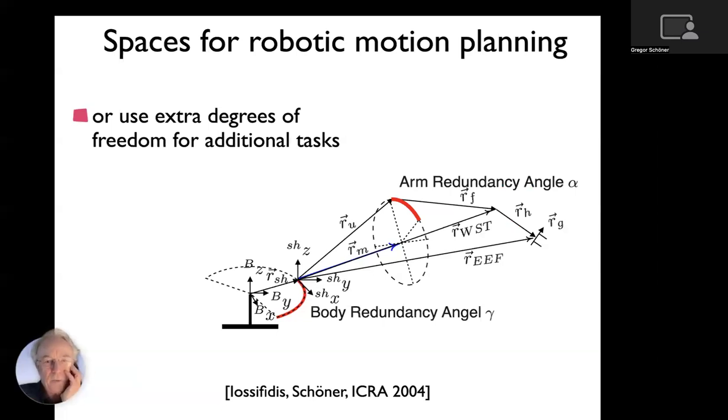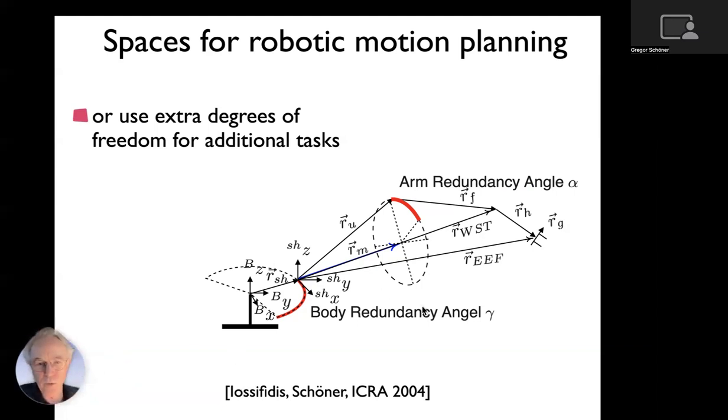In robotics, there's always been the notion that these extra degrees of freedom are there to accommodate additional tasks. Like I already mentioned, if you add more tasks to the task level, then the number of degrees of freedom necessary increases. So an arm that might seem redundant becomes less redundant if you add another task constraint.